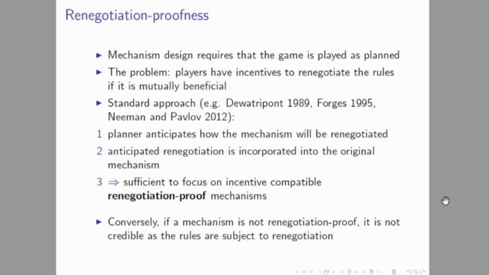So suppose that the planner and the agents anticipate in what way the mechanism will be renegotiated at some later stage. Then this anticipated renegotiation should be incorporated into the original mechanism. But that, of course, means that the incentive compatibility of the original mechanism breaks down.